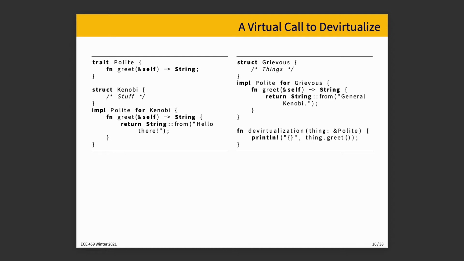If we don't know whether a normal expected value here is going to be much more Kenobi than there is Grievous, I'm just saying, one of them appeared in more movies, then the compiler can't do the devirtualization, that is, replace the virtual call with a real one. If in fact there was exactly one type that implemented Polite, we wouldn't have to guess, but the compiler will guess and say, I think it's most likely going to be of type Kenobi, and I could be wrong. If I'm wrong, again, there's basically a branch misprediction penalty for getting it wrong, but we'll find out.